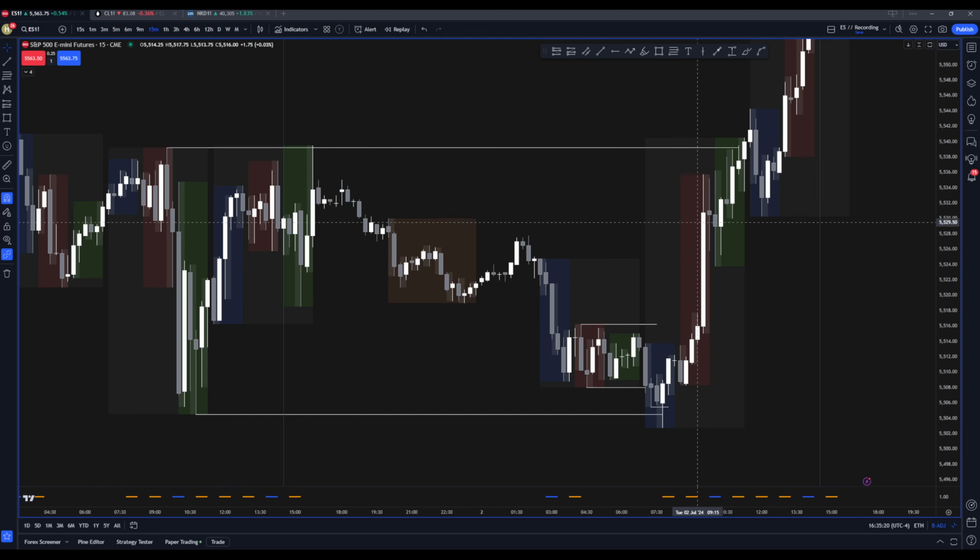If you want to be safe, you can target the equilibrium of that range. There's about a 90% chance that it will get there at the very least, even if it fails. So take partials there, go full off there if you are just looking for low-hanging fruit. What I took as my exit was Asia high here. Obviously it was safe to keep reaching up here.